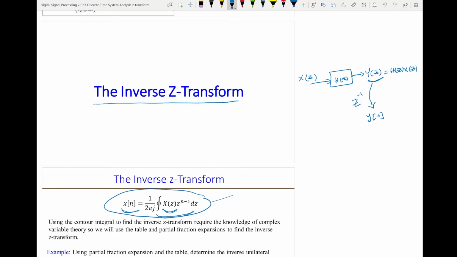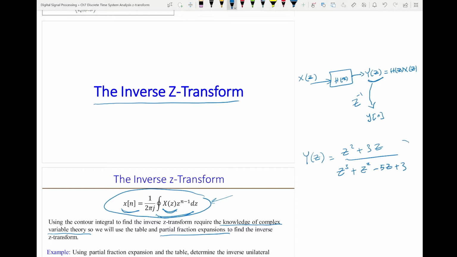But these contour integrals involve the knowledge of complex variable theory, which we usually study in graduate school. So for this course and for undergraduate, usually we use partial fraction expansions to find the inverse Z transform. For example, we may have Y of z equal z squared plus 3z over z cubed plus z squared minus 5z plus 3.